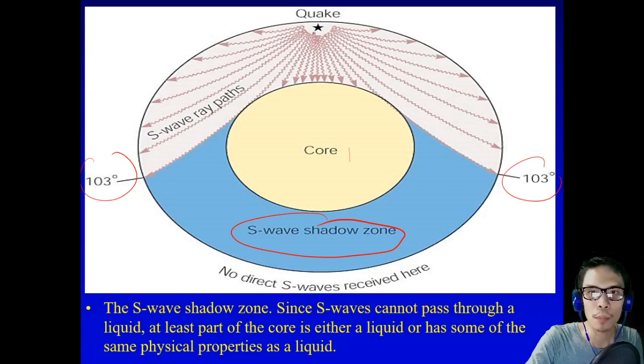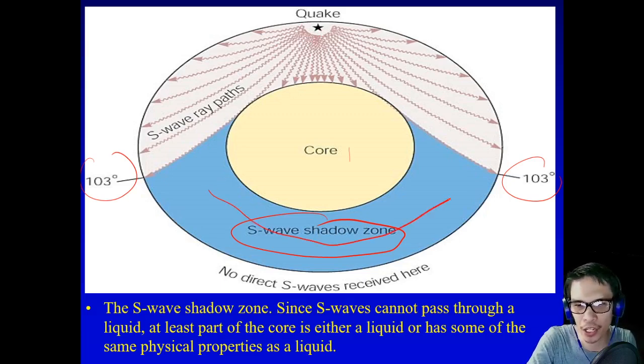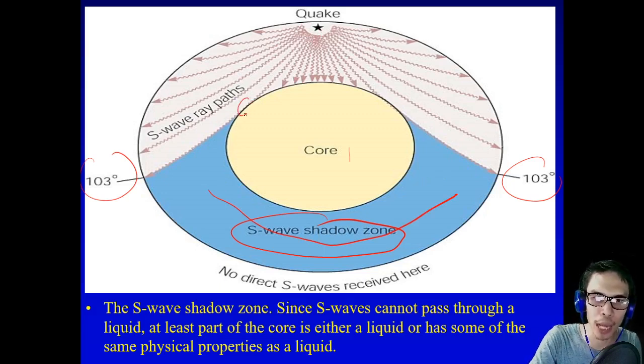Why? Because the S wave cannot pass through liquid, so it creates this large area where no S waves can travel. What happens to this wave here? It is reflected, because it cannot pass through the liquid outer core.